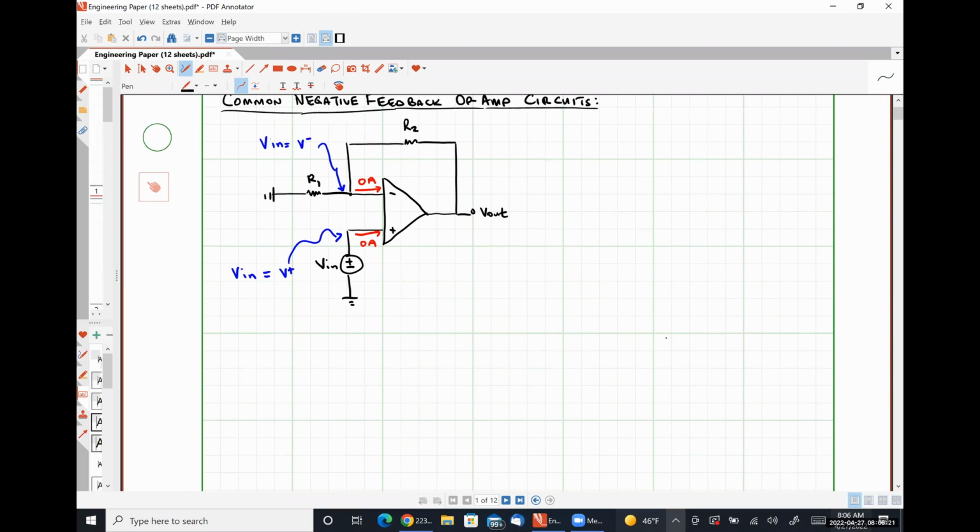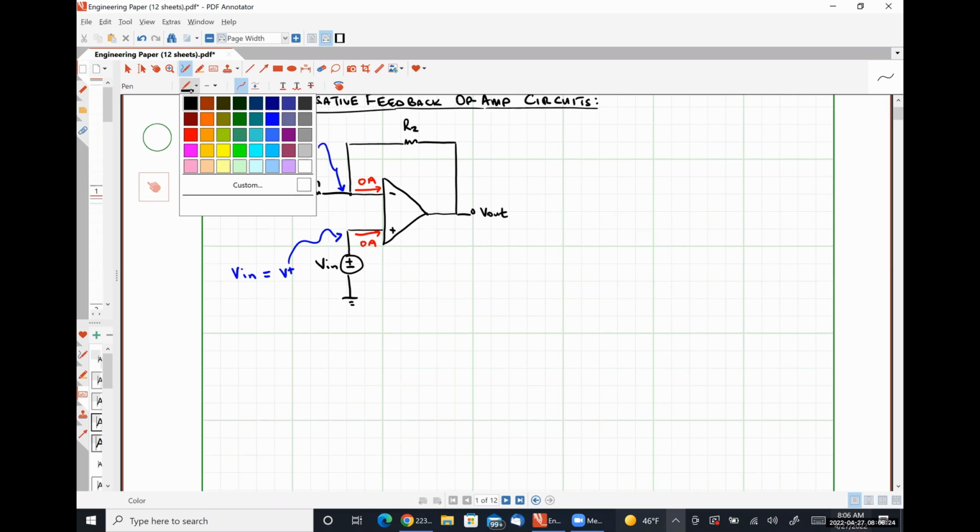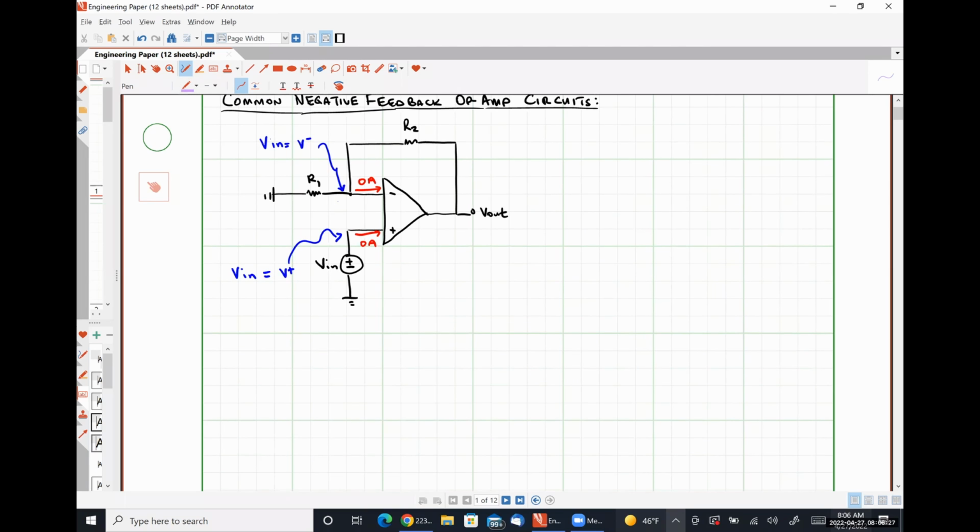So effectively what I'm going to do, let's do this way. I'm going to take this current plus this current, add them together and set them equal to 0. Understanding that no current can branch off directly to the right and flow into the inverting input terminal. So if I do that, I get Vn over R1 plus Vn minus V out over R2 is equal to 0.